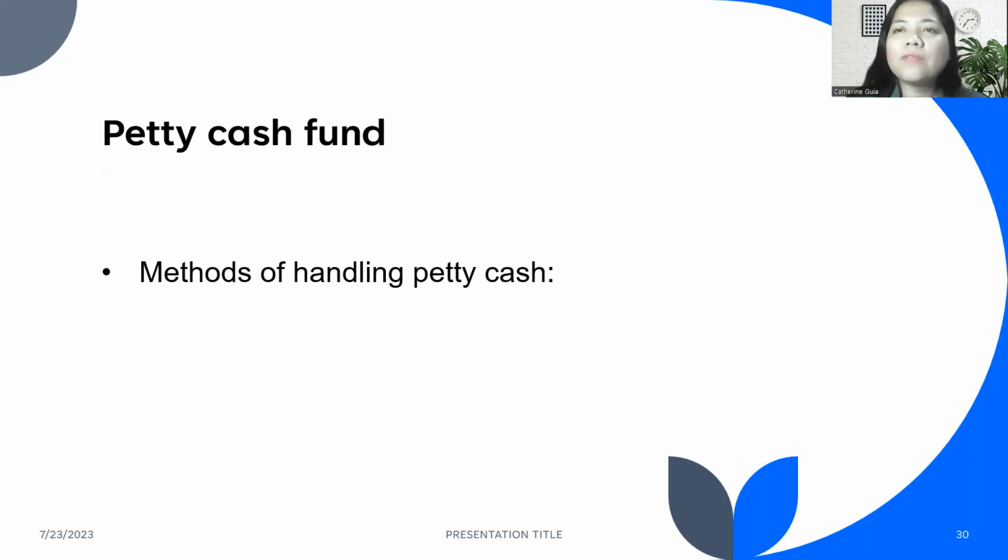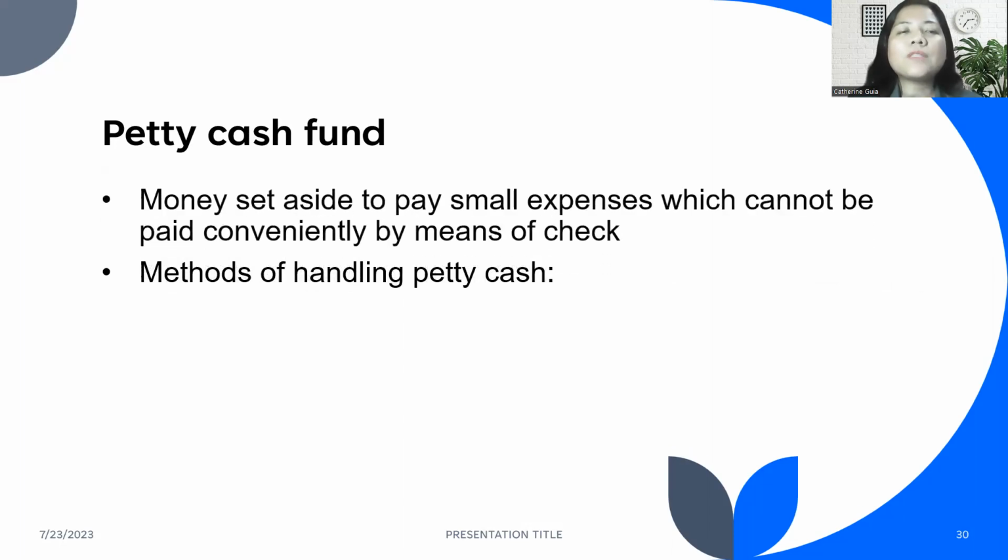Let's move on to petty cash fund. Earlier, we learned that petty cash fund is a cash fund used to finance current operations, and this is considered as part of cash. This petty cash fund is money set aside to pay small expenses which cannot be paid conveniently by means of check.